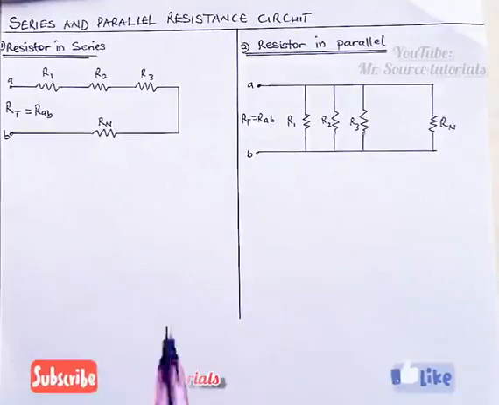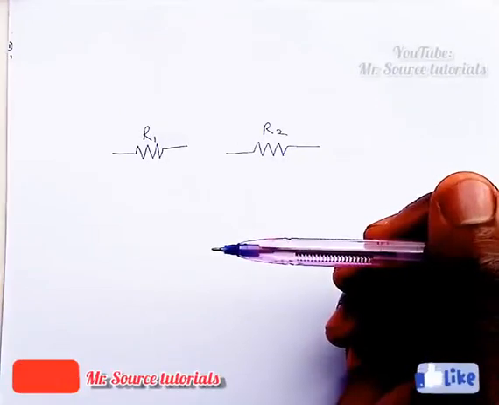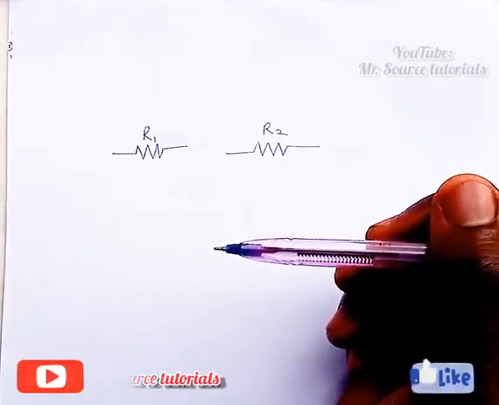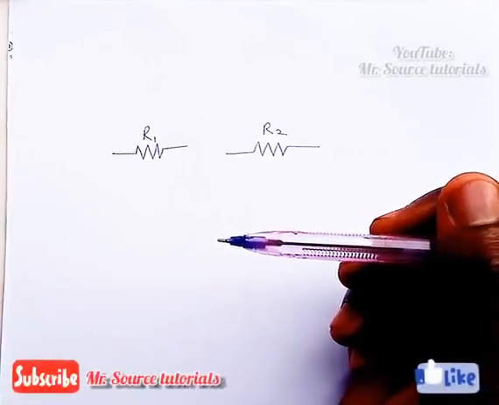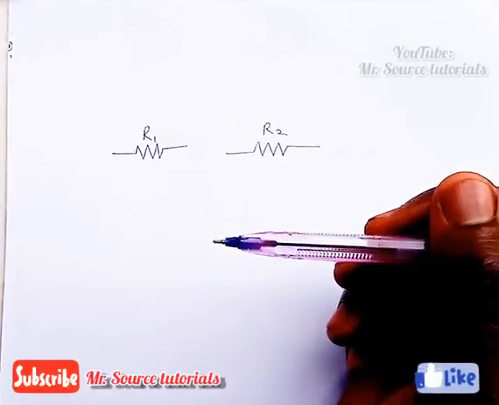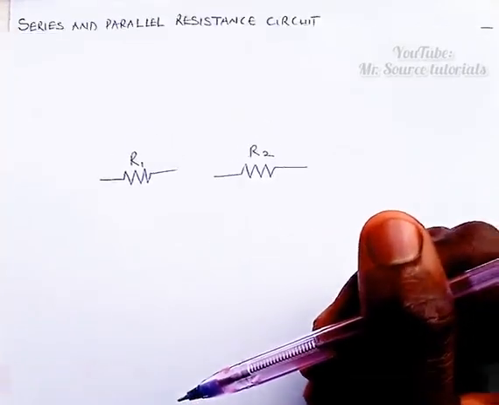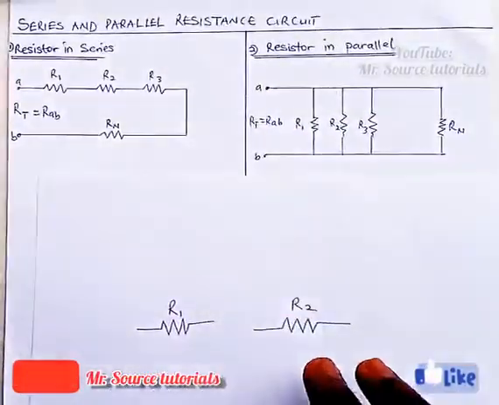Resistors can be connected in parallel or in series. Whichever way, it is good for us to understand how to find the equivalent or total resistance in the circuit. This is what we are going to be doing.